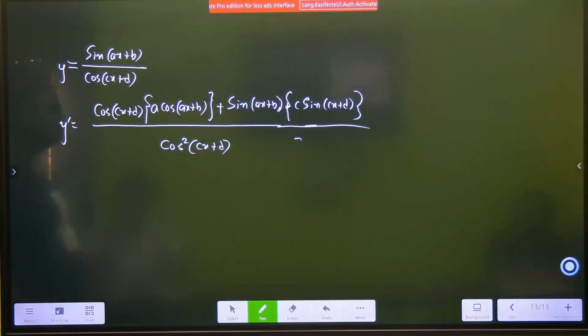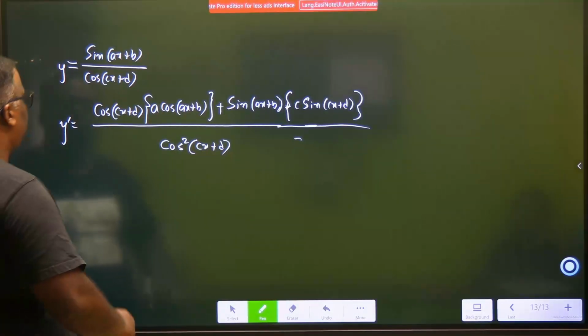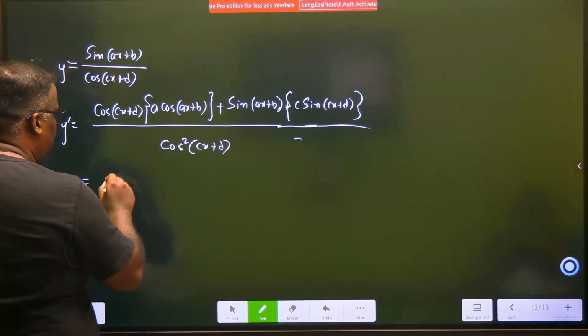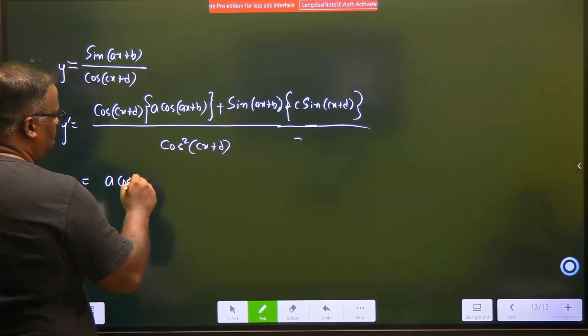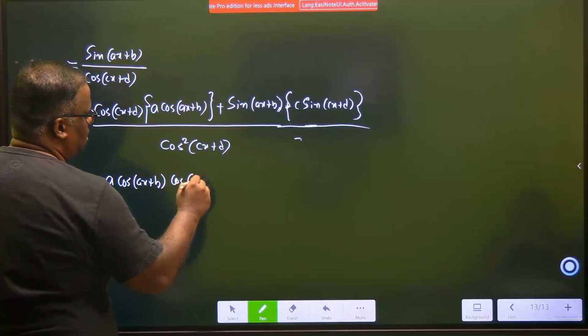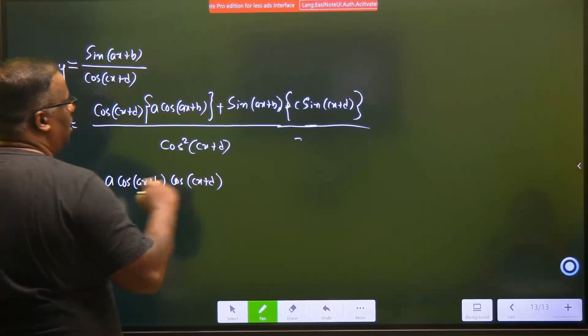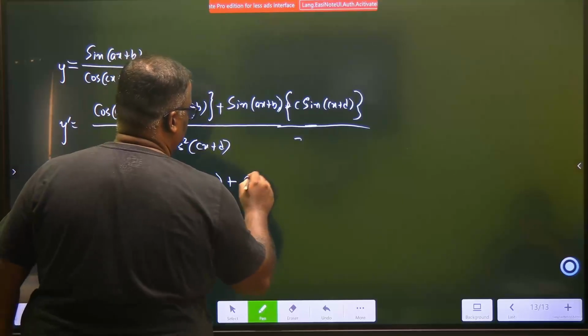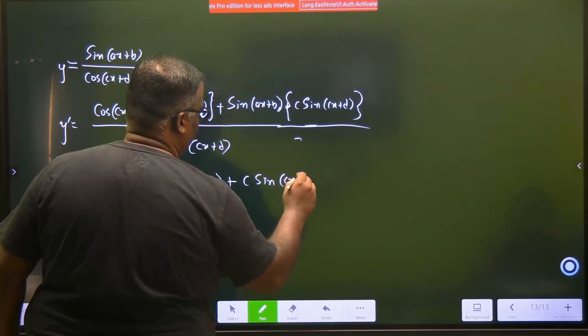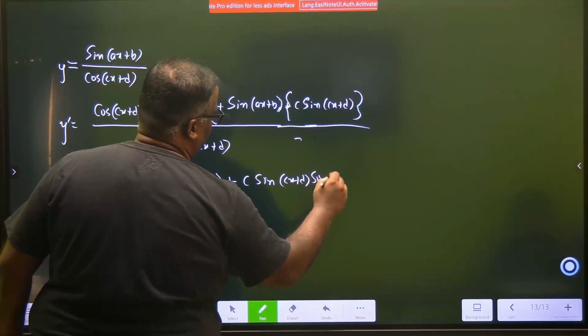Oh yeah. Now you just need to clean up a little bit. How do you clean up? So you have got a cos ax plus b cos cx plus d, and here you have c sine cx plus d into sine ax plus b.